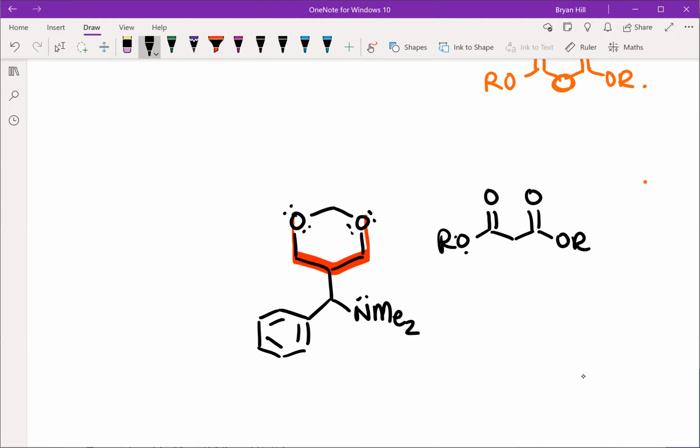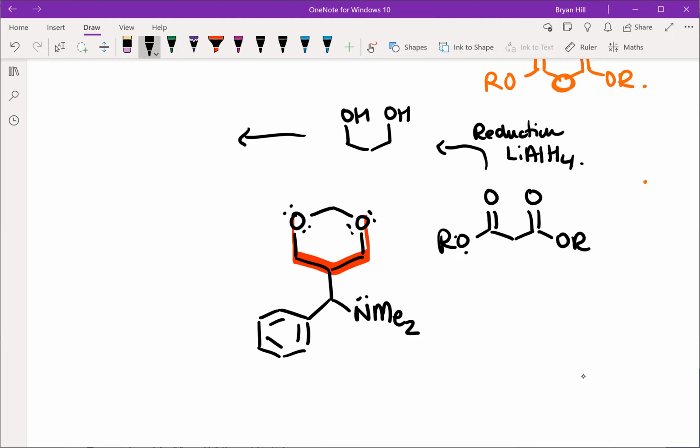If we had them like this, and I'll exclude the rest of the molecule here, the two things we could do if we wanted to make this 6-membered ring, the first one would be a reduction with a strong reducing agent like lithium aluminum hydride. This would make this. And then the last step would be if we made an acetal.